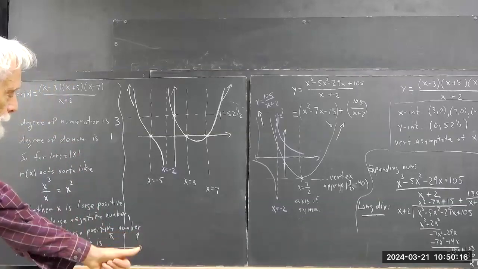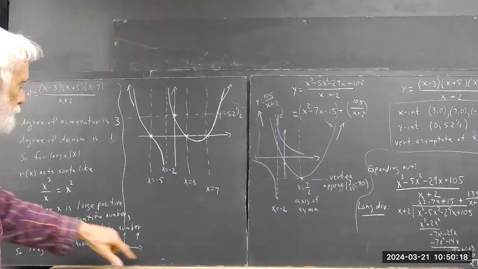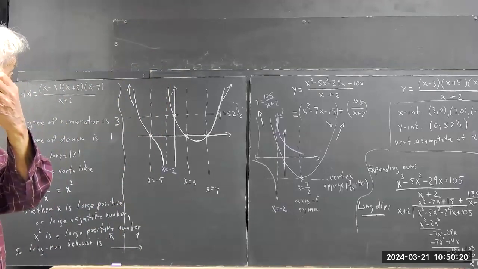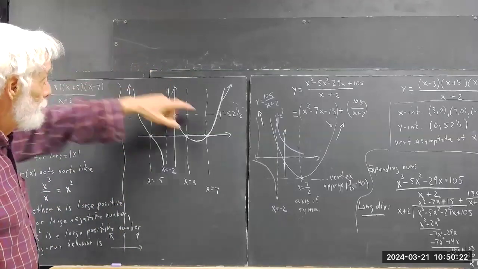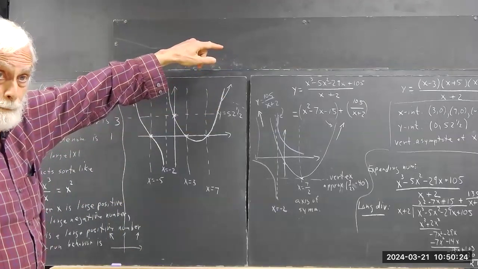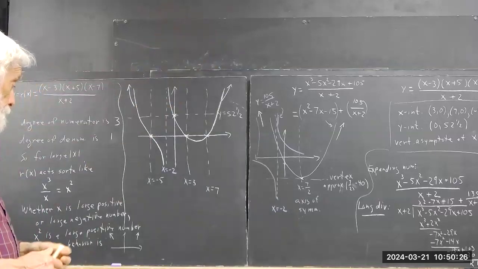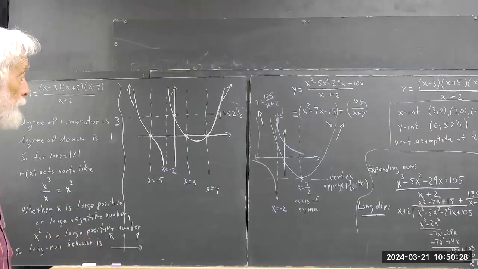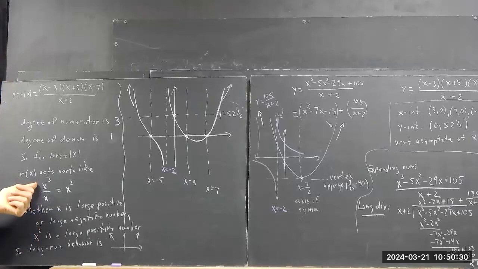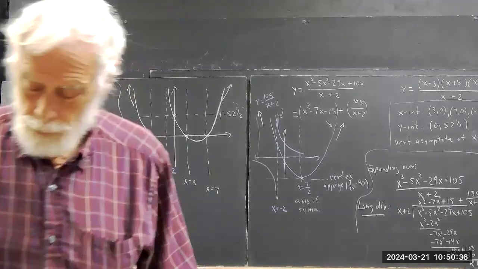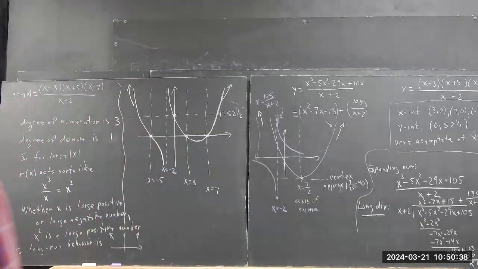We go out to large positive x, the thing goes up. We go to large negative x, it goes up. So we see it goes up here, it goes up here. And it all comes down to the degree of the numerator and the degree of the denominator. Okay, there's more to it. You'll see some of it in your assignment. But I think you're going to be pretty well prepared when we get to it in pre-calculus.